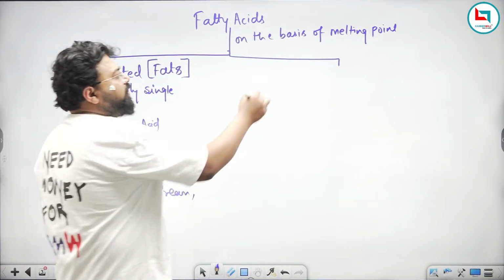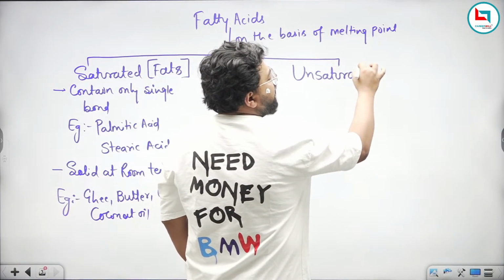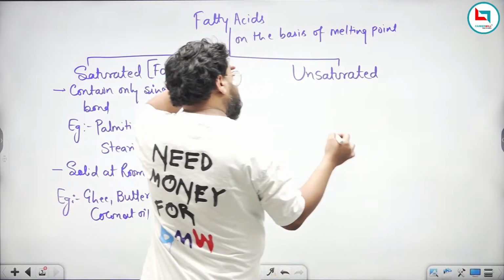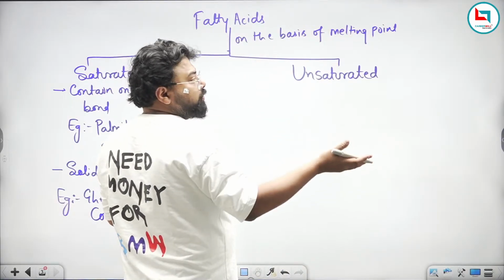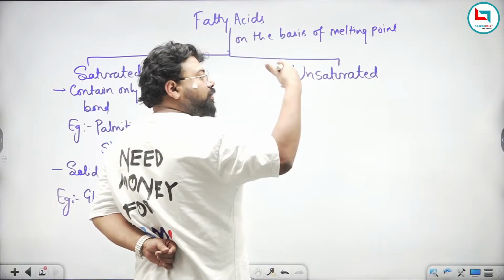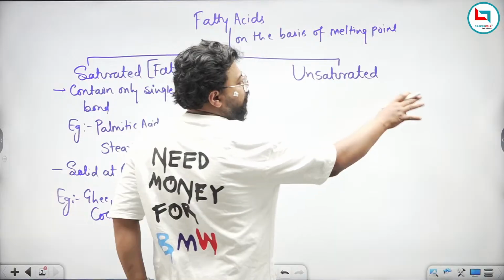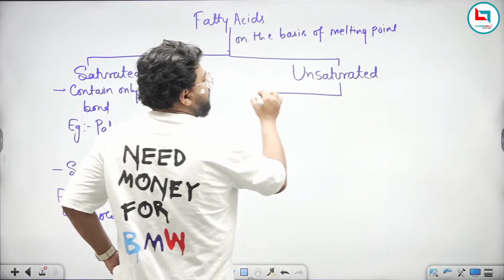On the other hand, we have unsaturated fatty acids. Unsaturated fatty acids contain multiple bonds, or double bonds, either once or twice or thrice in their long chain of hydrocarbon.